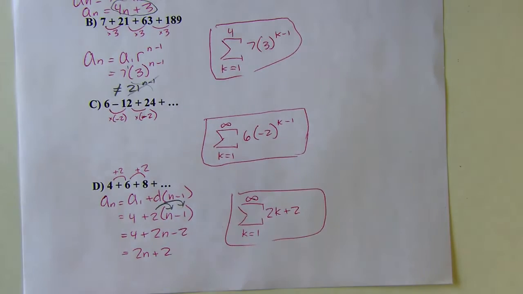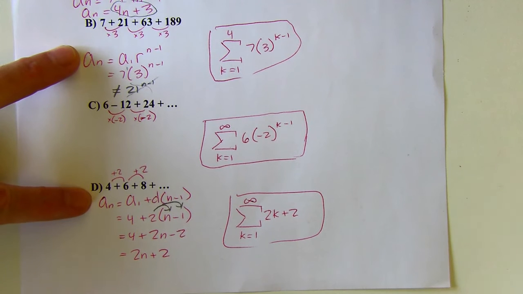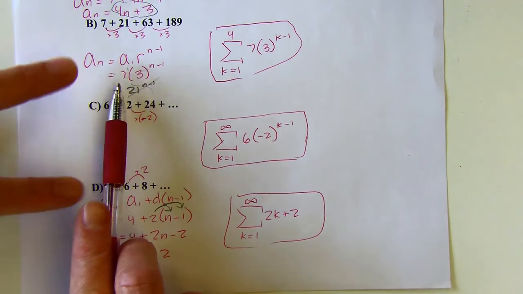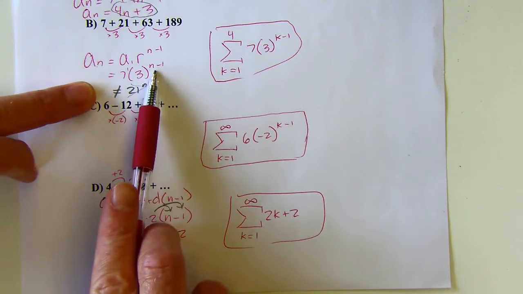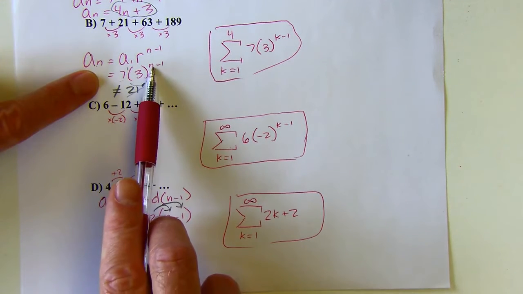Okay, these formulas that we've been using for specific terms are called explicit formulas, which just means that you can plug in, say I wanted the 27th term in this one, I'd plug in 27 for n. If I wanted the 100th term, I'd plug in 100 for n.